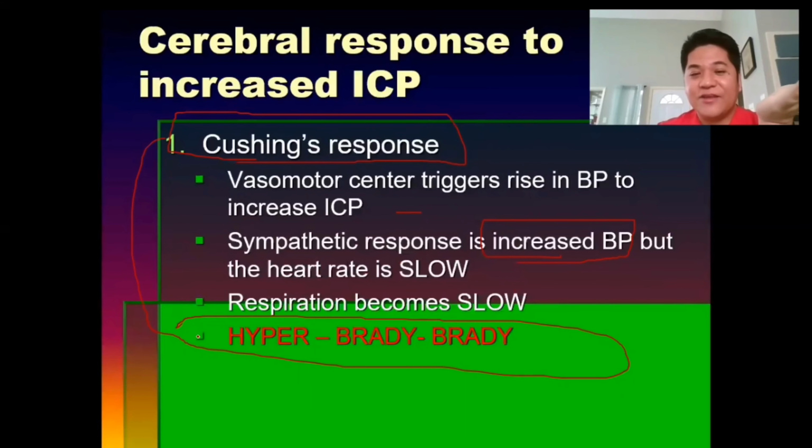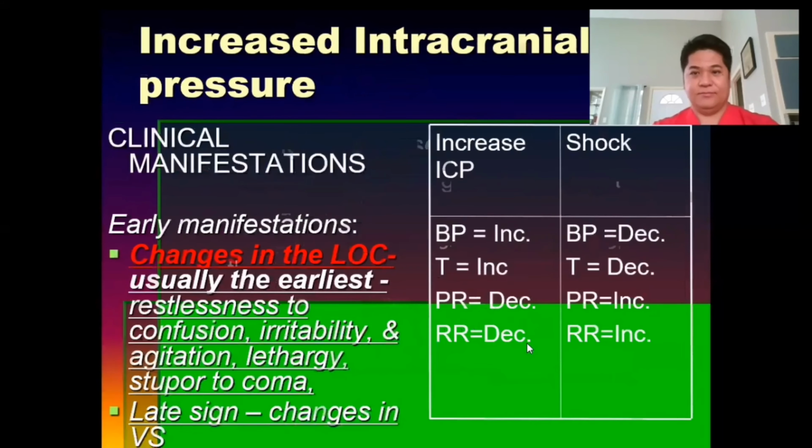The sympathetic response is stimulated, increasing the blood pressure, but it will slow down the heart rate because the brain is compressed, therefore there is less stimulation of your heart rate center and the respiratory center as well. Okay, so that's why there would be hypertension, increased BP, bradycardia, and bradypnea. So that is a Cushing's response.